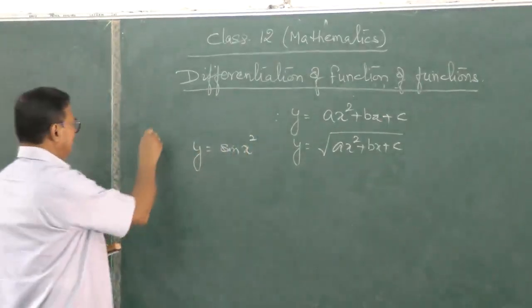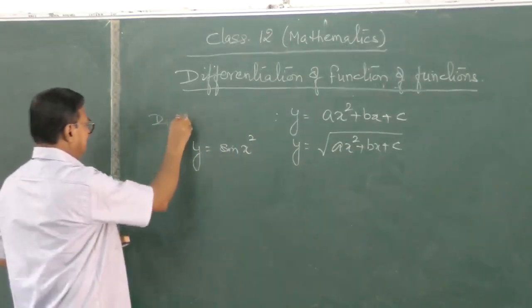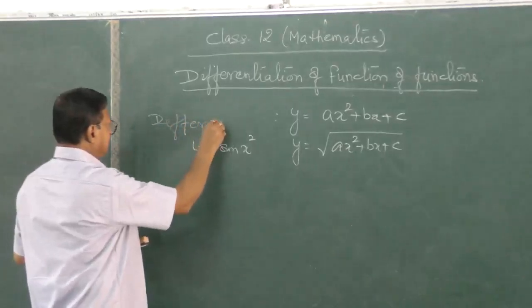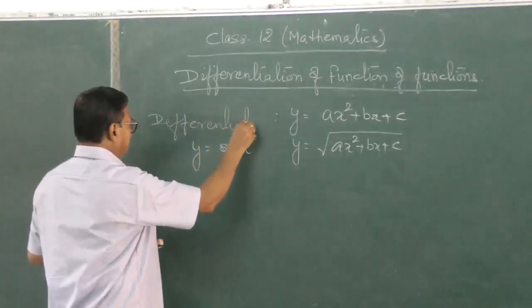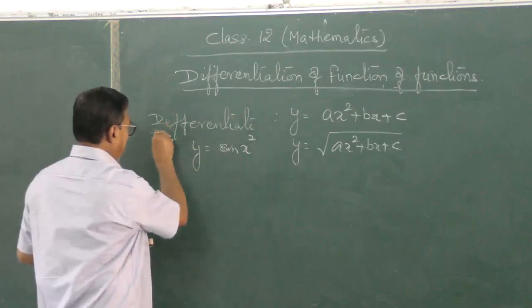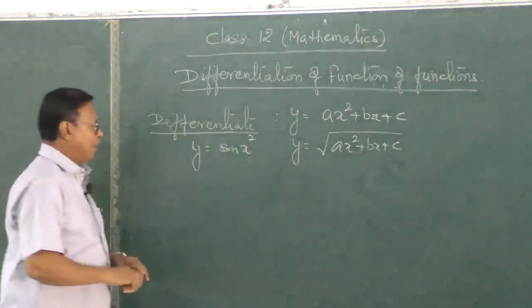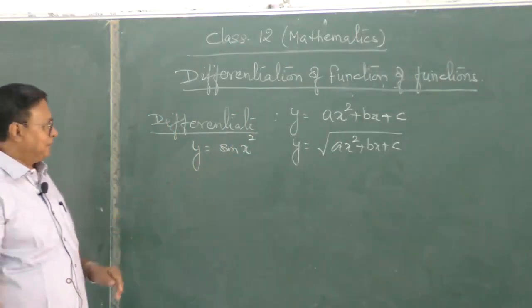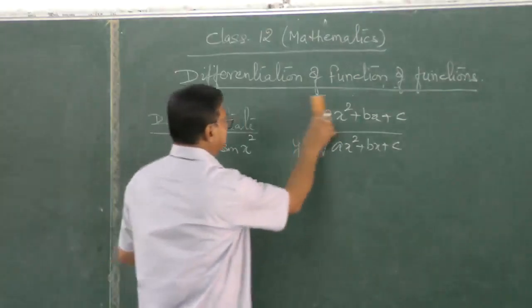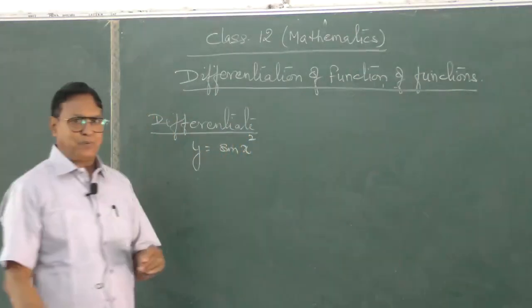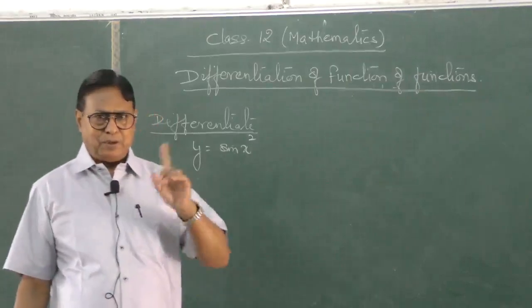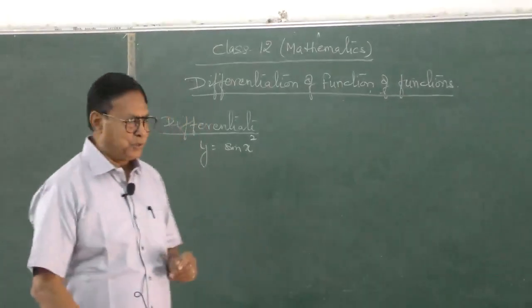So differentiate y is equal to sin x square. Now I said we have a formula for sin x, cos x, but not sin x square. So what do we do?